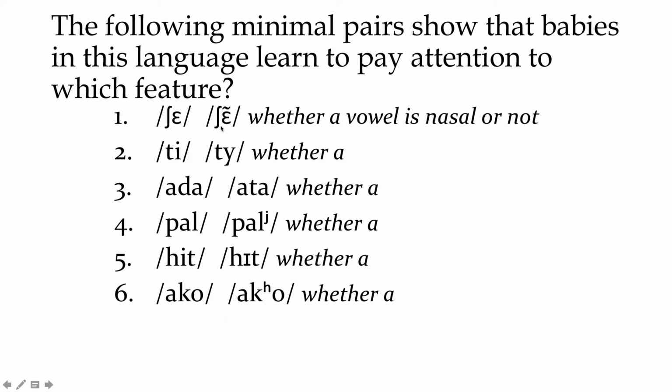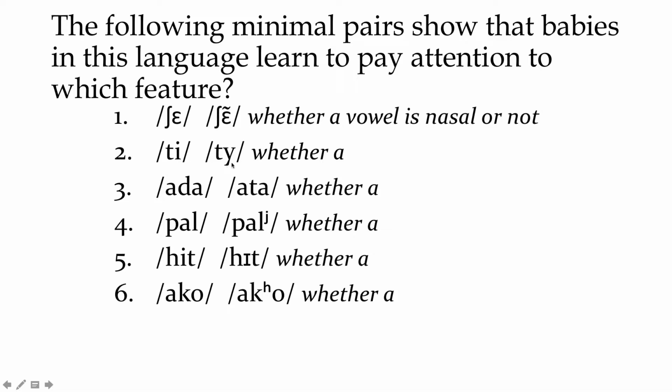I'm going to keep this ability into my adulthood of listening to the difference in nasality in a vowel or not. So this is like the French chat, which means cat, or chant, which means song. The only difference is the vowel. If I can hear the difference between tu and ti, and it is a meaning difference, that these two mean totally different things, I'm a baby who had to grow up paying attention to whether a vowel is rounded or not.